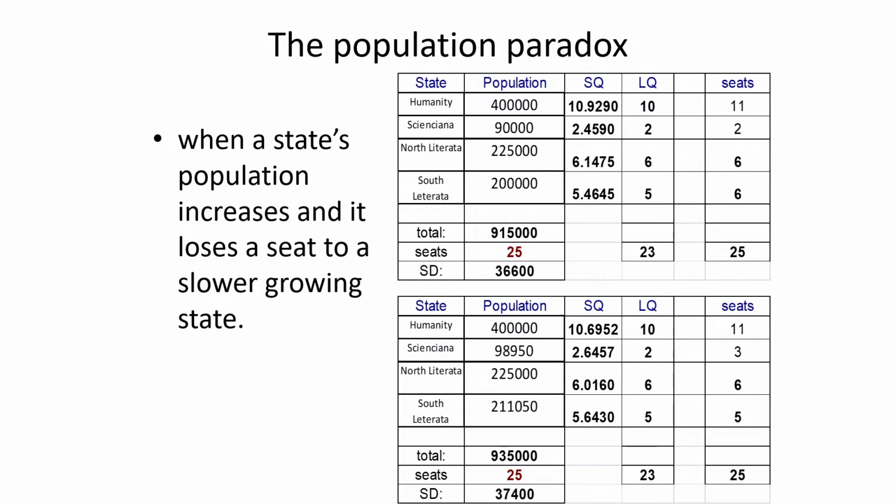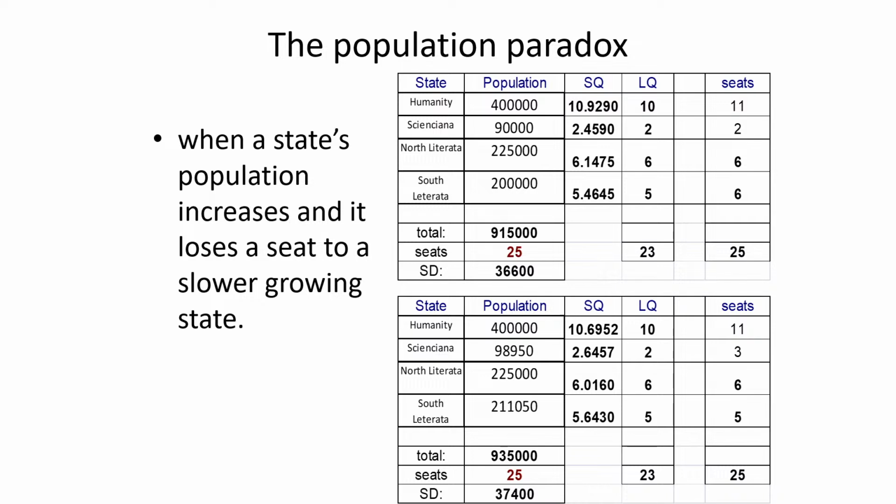Just before doing this, I should have had you make a prediction. What would you predict would happen when you go from here to here? I think we'd all say, for sure, one of the states that increased population shouldn't lose any seats, should they?